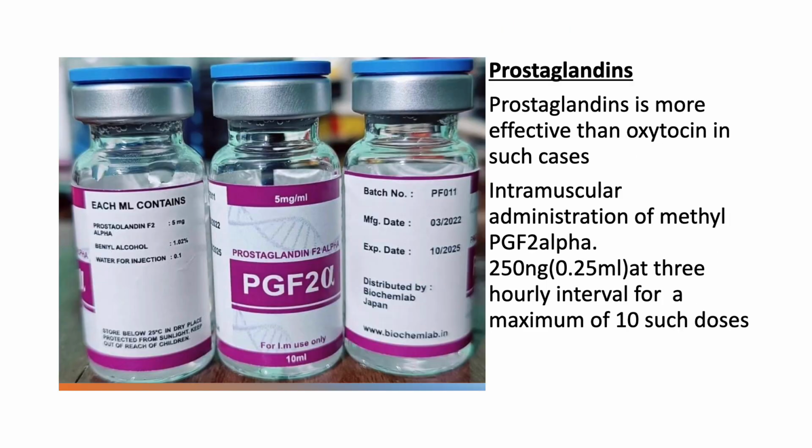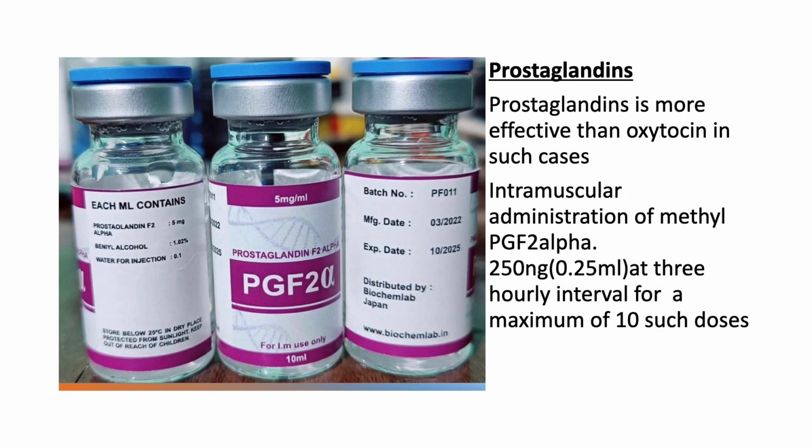One more drug of choice for the missed abortion is prostaglandins. Prostaglandins are more effective than oxytocin in such cases. Intramuscular administration of methyl PGF2 alpha 250 nanogram, that is 0.2 ml, at 3 hourly intervals, for a maximum of 10 such doses.